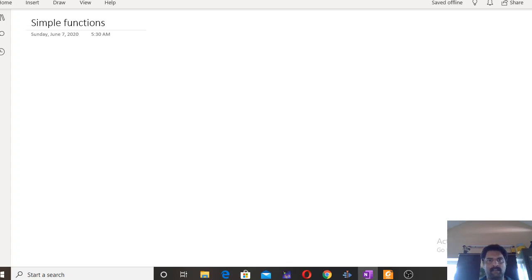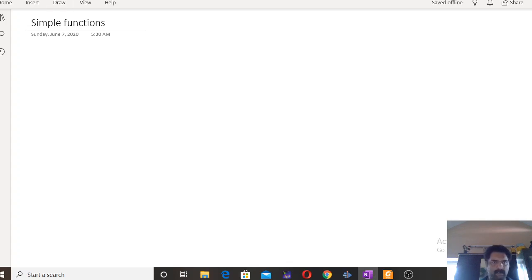We discussed the Laplace transform of elementary functions like t raised n, e raised at, sin at, cos at, sinh at, cosh at, etc. And now we are going to discuss some simple functions whose Laplace transforms can be calculated in a direct way.